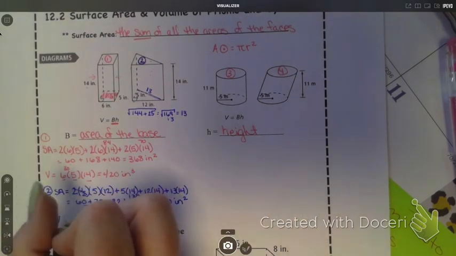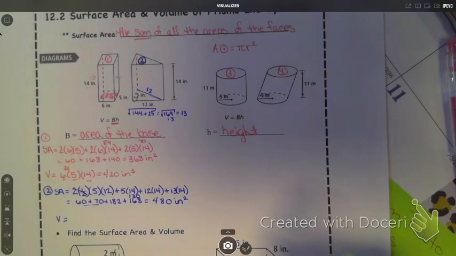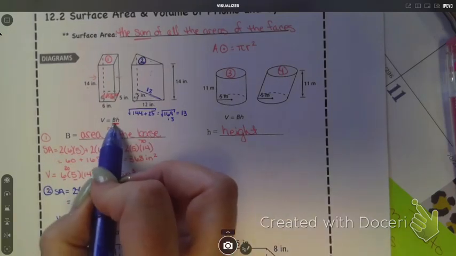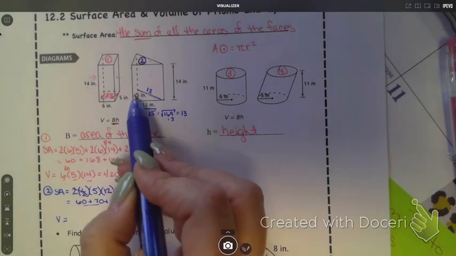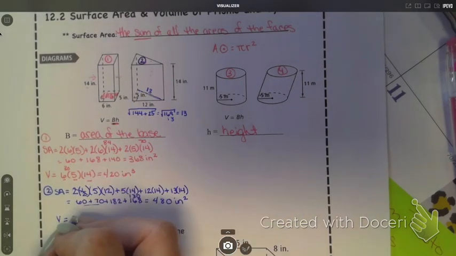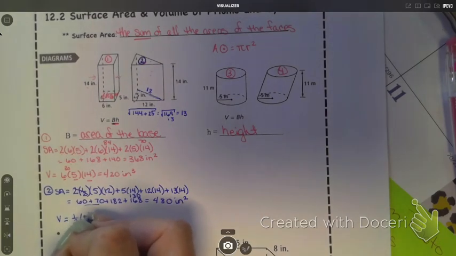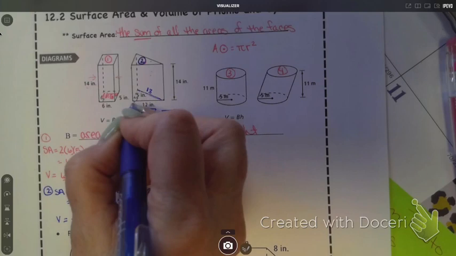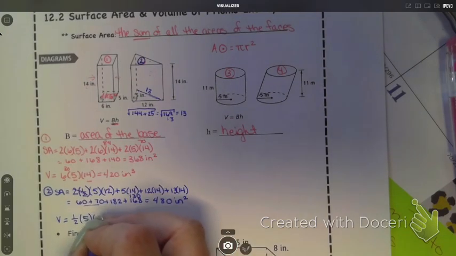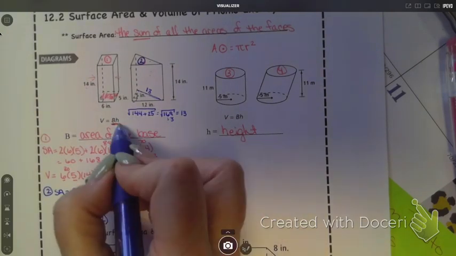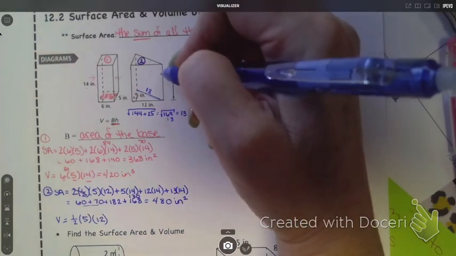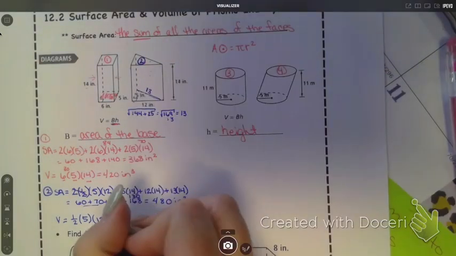Okay, so volume is the area of the base times the height. What's that? That's the big B, right? So the base is here. So 1/2 the base times the height of the triangle, which is 12, times the height of the prism, which is what? 14.